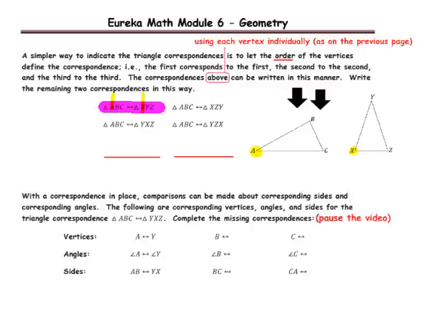The second letter, B, corresponds to the second letter, Y. So we have angle B corresponding to angle Y. And then the third letter, C, corresponds to the third letter, Z. Angle C corresponds to angle Z. So this is an easier way to show correspondence. You just write the letters and then put them in the order that you want the corresponding sides.